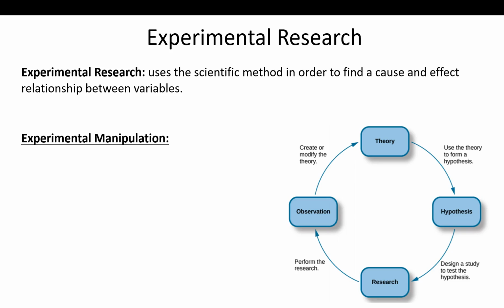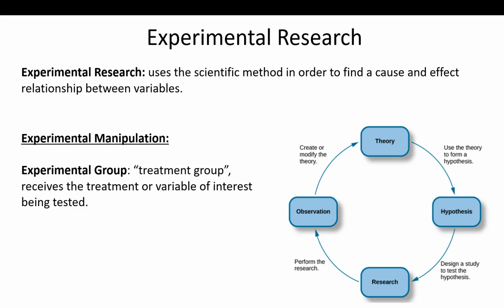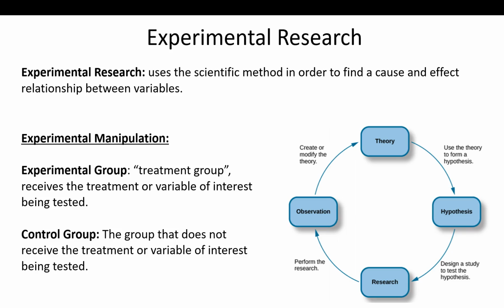When designing an experimental research design, we want to establish an experimental group and a control group. An experimental group is the treatment group, which receives the treatment or the variable of interest being tested, whereas the control group is the group that does not receive the treatment or any variable of interest that we want to test.